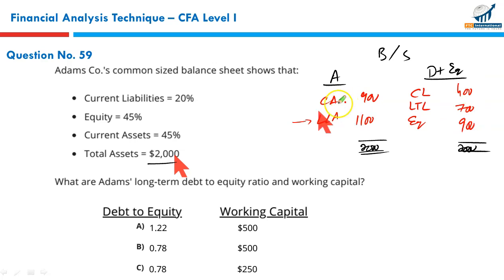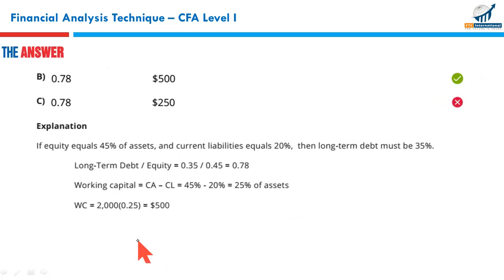Working capital is the difference between your current assets and current liabilities, right? $500, either A or B. And then debt to equity, this is your debt and this is your equity. 700 by 900. So 700 by 900 gives you 0.777, and that's rounded off to 0.78. Right, so that gives B to be the correct option. B it is.